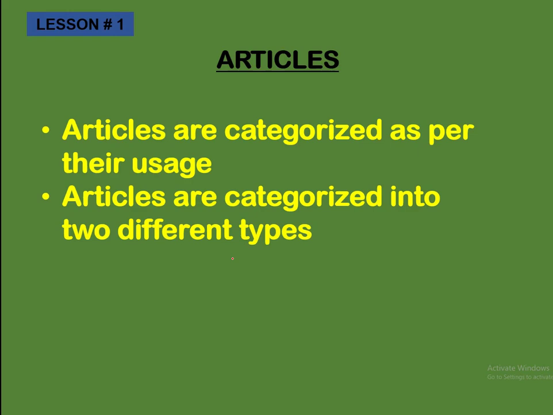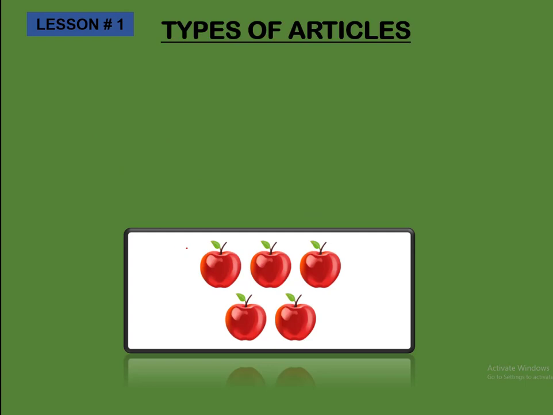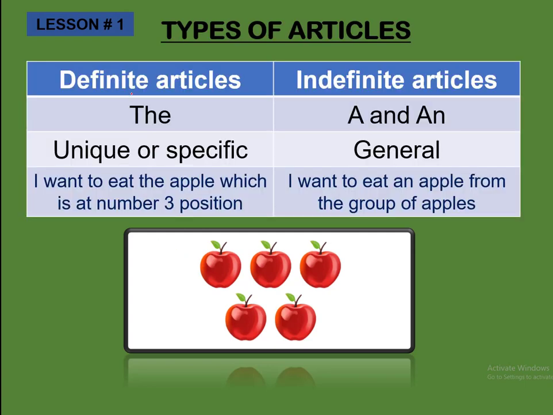Articles are categorized as per their usage, into two different types. What are these two types? One is the definite article and the other is the indefinite article. Definite articles are those which are unique or specific in their usage.